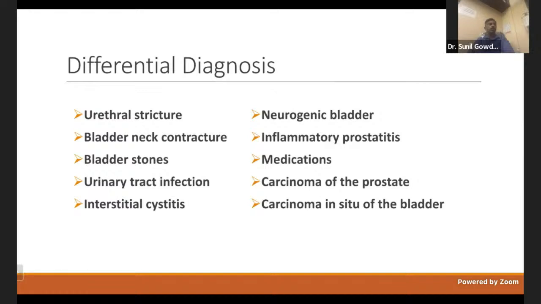Even carcinoma of the prostate as well as carcinoma in situ of the bladder can result in these lower tract symptoms. So as I told you, lower urinary tract symptoms are not specific for prostatic enlargement alone, but can also be caused by a wide variety of other diseases.